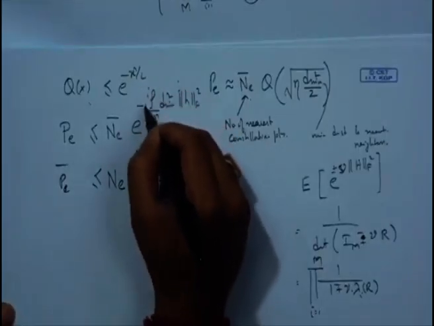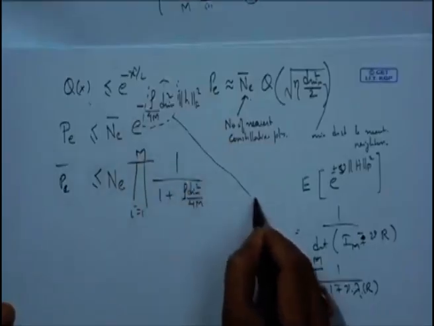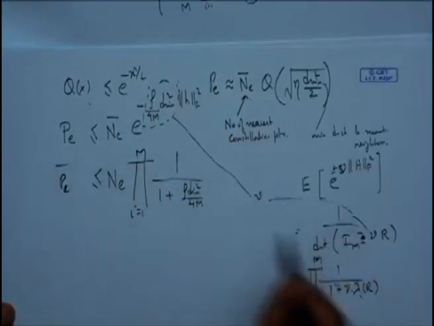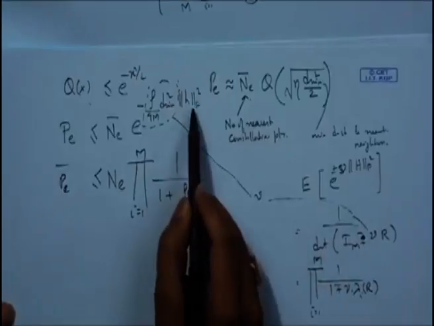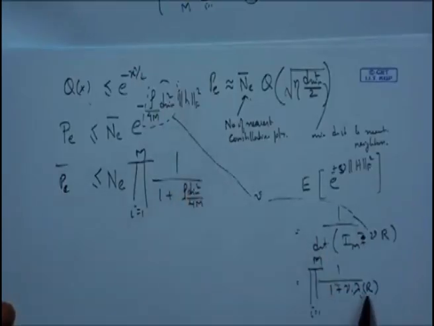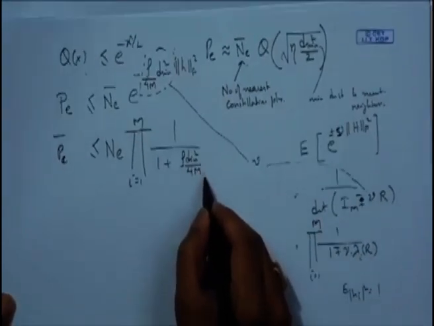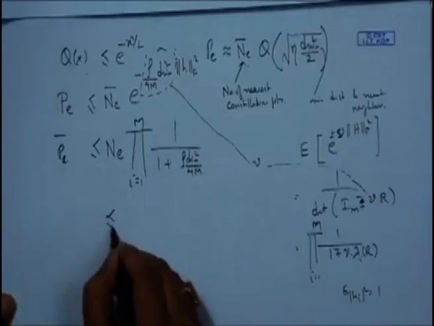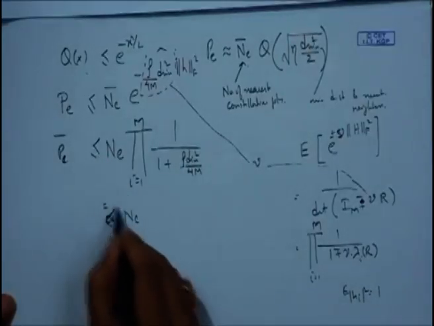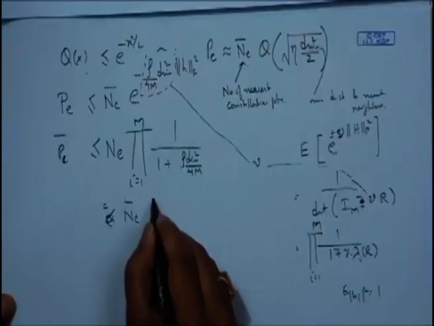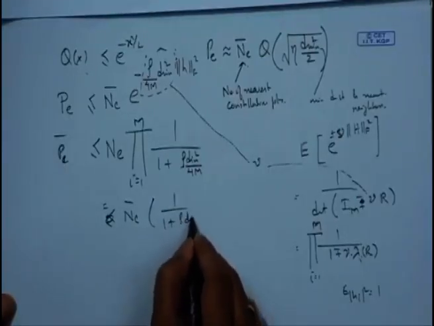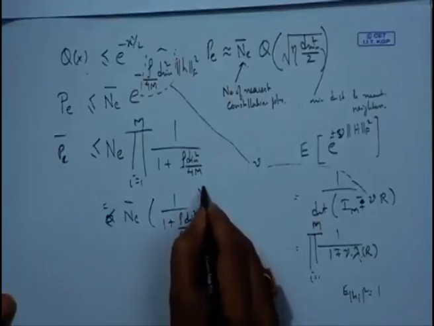This whole term maps to our nu in this expression, or s, whatever you'd like to use, and the |hf| squared is basically 1, because remember we have mod of hf squared equal to 1, and this gets multiplied with all of the eigenvalues. So we have this expression, which is equal to N_e bar times 1 by 1 plus rho d_min squared by 4m raised to the power of m.